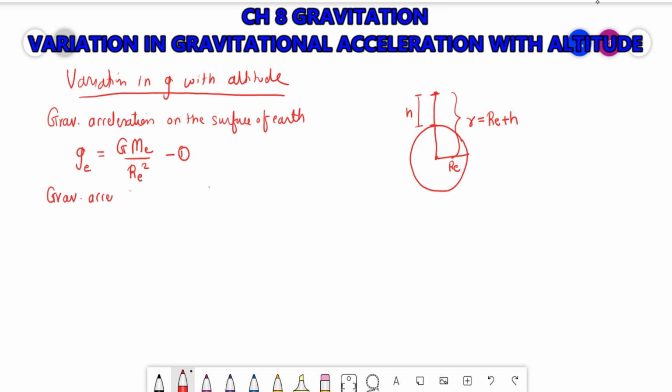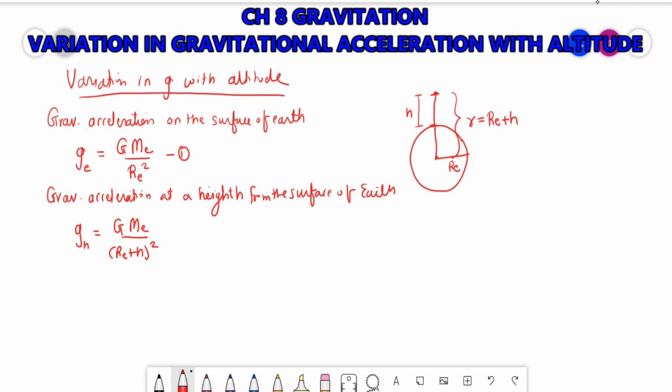Now, the gravitational acceleration at a height h from the surface of Earth will be equal to G ME, and instead of RE square, I will write RE plus h whole square. So Gh is equal to G ME upon RE plus h whole square.